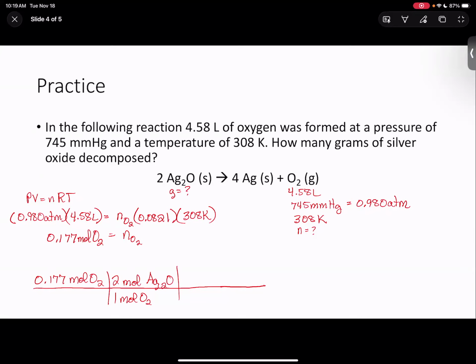It comes out to be 231.8 grams of silver oxide is 1 mole of silver oxide. So we're looking at 82.1 grams of silver oxide.